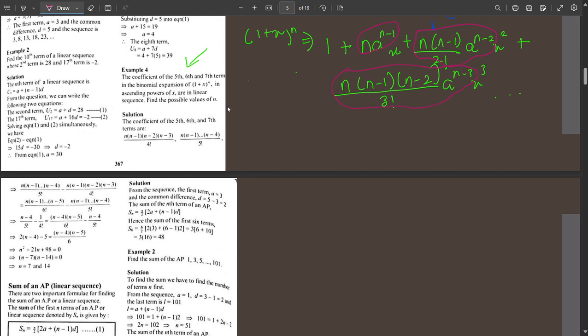Let's see. The fifth term, which will be our u5, is going to be n times (n minus 1), (n minus 2). It always goes down by 1 from that number, so n minus 3, because it's the fifth term, we end on the fourth one.